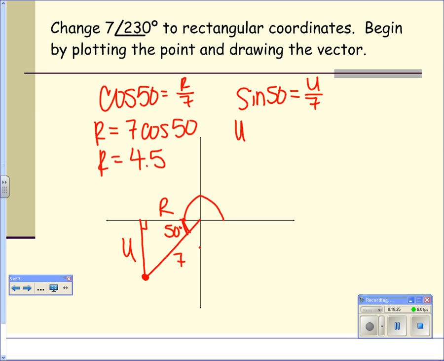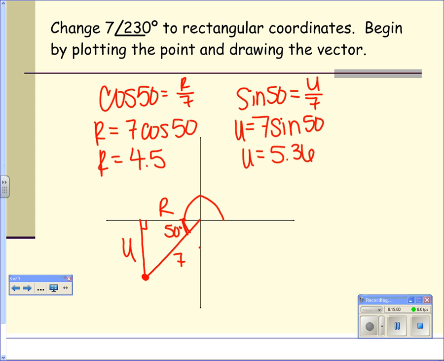So U equals... R equals 4, well, yeah, when you write it, it's 4.5 R. You always go left to right first. Do you see how to get the R's and the U's? Like what those values are going to be? Any questions on that part?